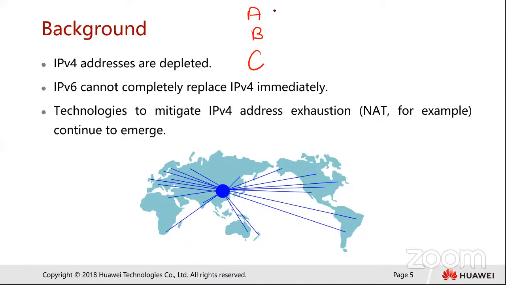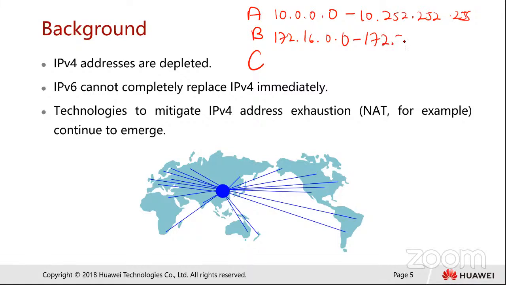Class A is from 10.0.0.0 to 10.255.255.255. Then Class B ranges from 172.16.0.0 to 172.31.255.255, and many enterprises use this Class B for their private addresses.